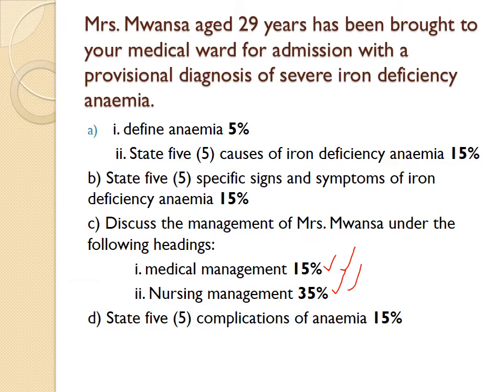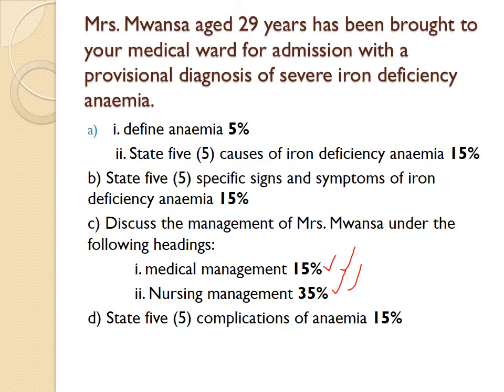After you write your aims, then you talk about the investigations that you're going to do. History taking will be done to determine the possible cause of the disease, and also to identify the symptoms that are experienced by the patient. So there may be an issue of blood loss, low iron foods, and also worm infestation.